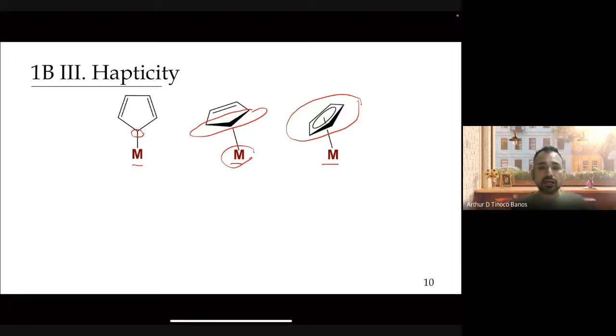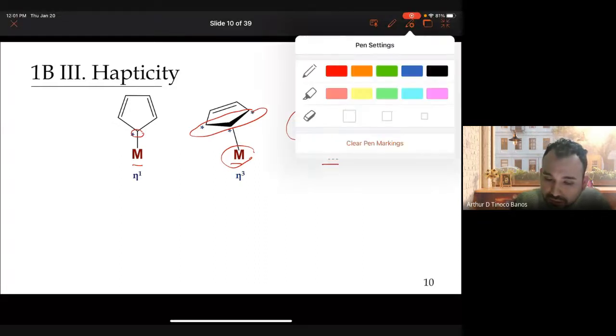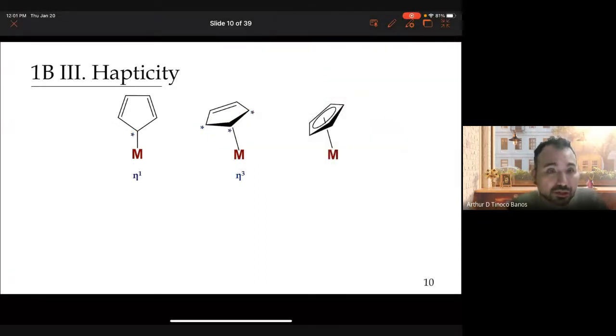All right, so then how do we represent the hapticity of these interactions? Well, we have the first one, which is eta 1. That's the 1 point of contact. The second one, which is eta 3. Okay, and so let me just clear up those markings that I have there, so you can see that I have some stars to represent the atoms from the ligand that are interacting with the metal center, and then you have eta 5. Okay, so they have all 5 of those carbons that are participating in the set of electron pairs interacting with that metal center.